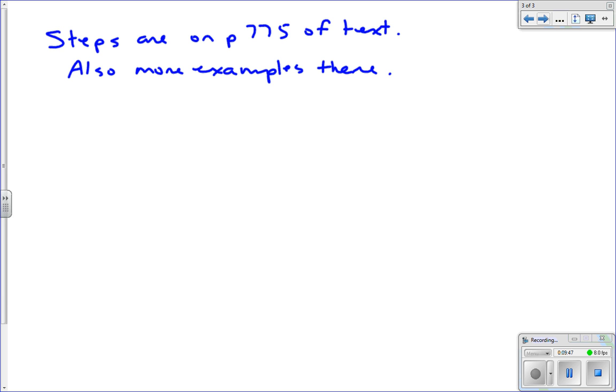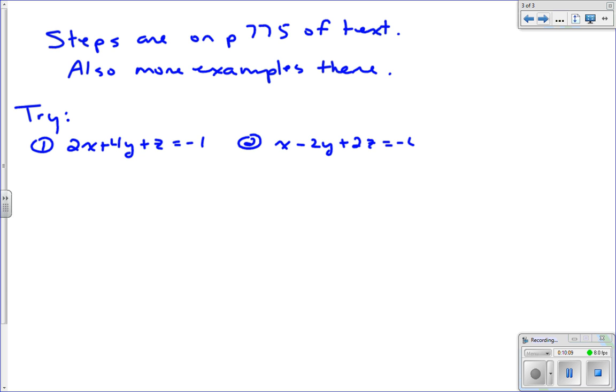Here's a challenge for you. So let's try this one and bring your solution to the next class. So first equation is 2x plus 4y plus z equals -1. The second equation is x minus 2y plus 2z equals -4.